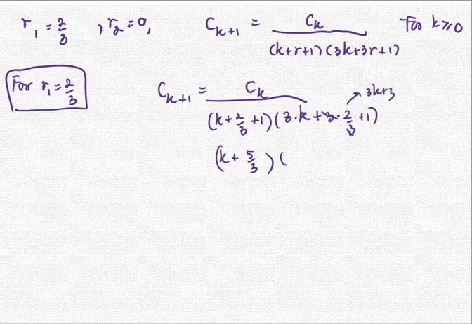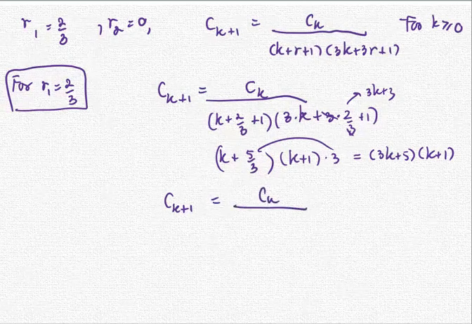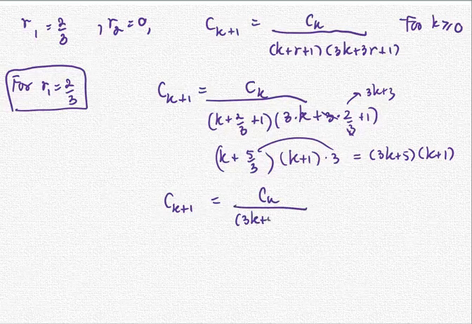So 3k plus 3 we factor to be (k plus 1) multiplied by 3, and simplify by multiplying 3 into the first group to get (3k plus 5) multiplied by (k plus 1) as the denominator. So we rewrite the recurrence relation for r1 equals 2/3 as c_{k+1} equals c_k divided by the product of (3k plus 5) and (k plus 1) for k greater than or equal to 0.